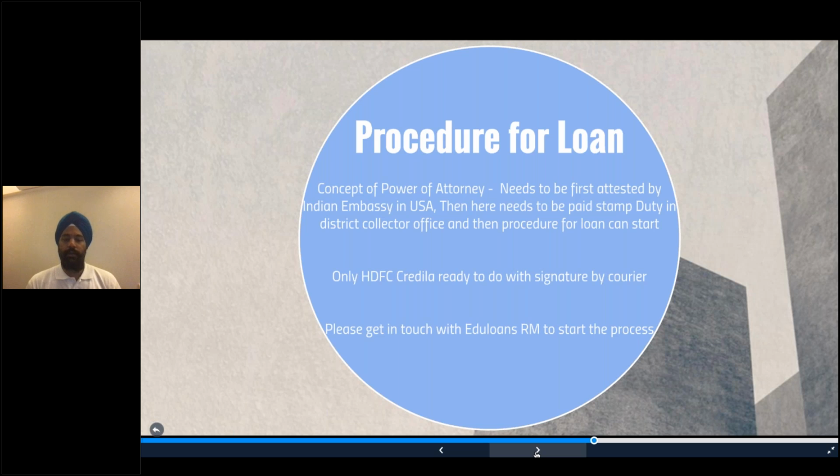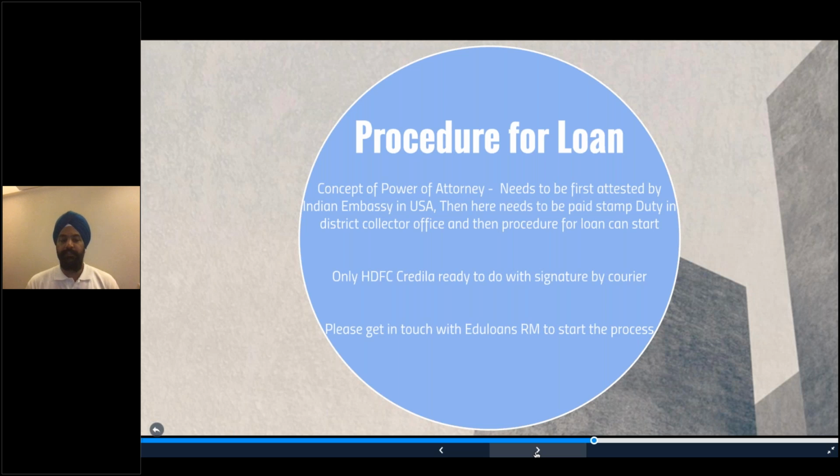We've been speaking to lenders the entire past week, understanding how they are approaching COVID-19. One lender, HDFC Credila, is ready to sign the documents by courier, which means you can get the loan agreement by email, sign it, and send it back by courier. That's what they are supporting.